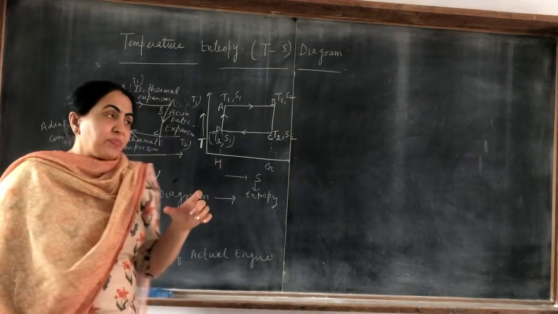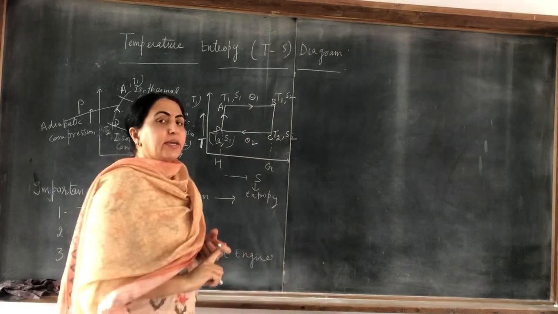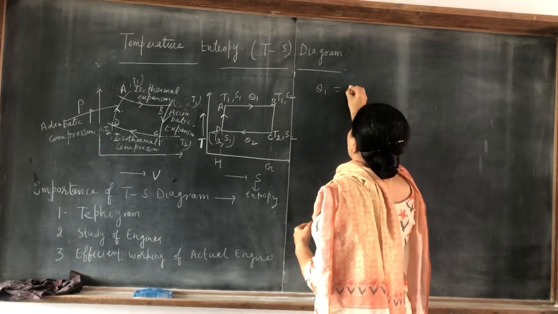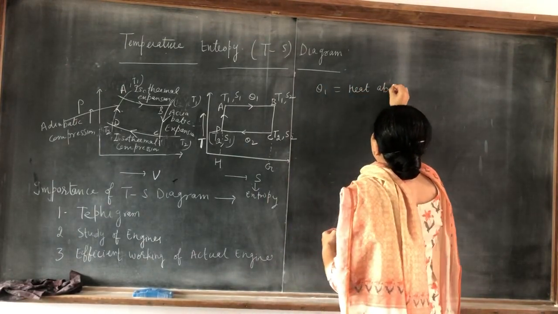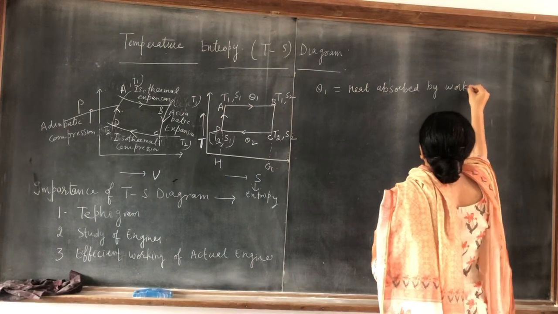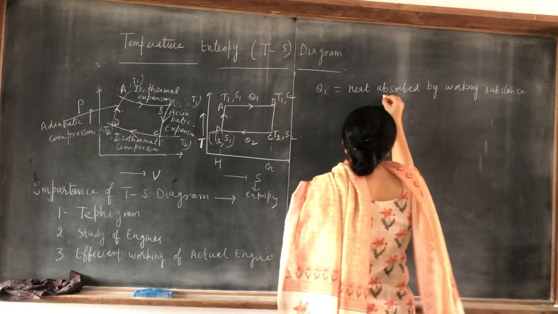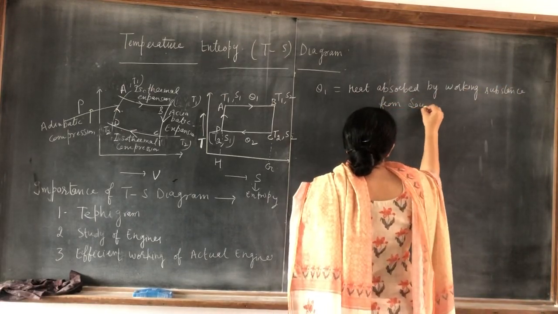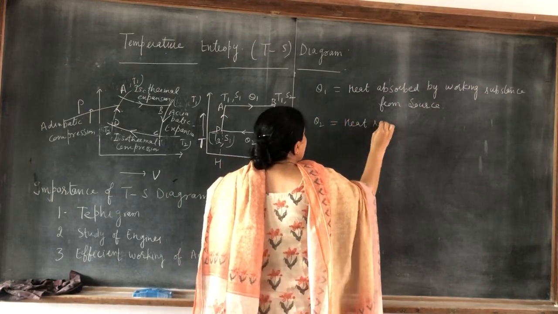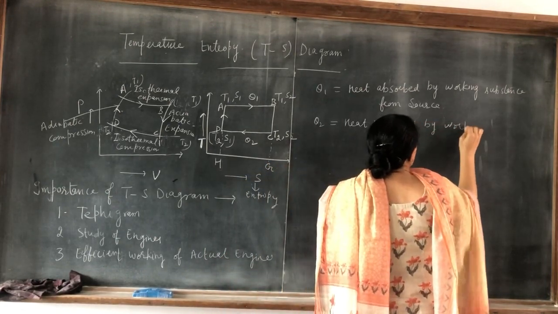of the sink. And we know that Q1 and Q2: Q1 is the heat absorbed by the working substance from the source, and Q2 is the heat rejected by the working substance to the sink.